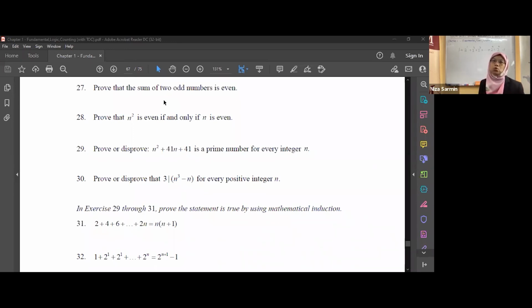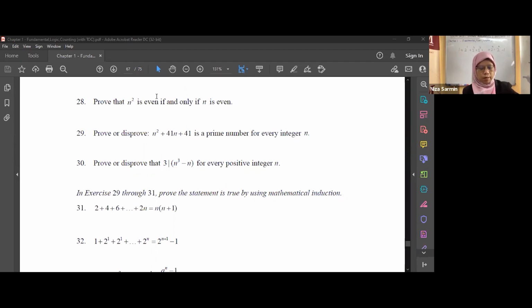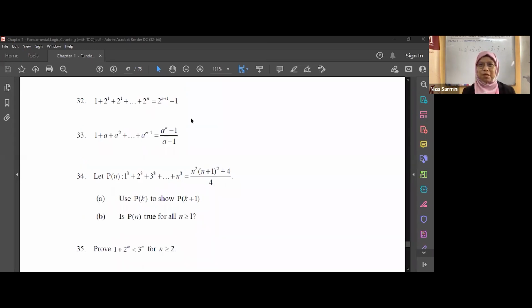And then you get 2 to the k plus 1 minus 1. I think it's straightforward for this. Okay, for next, I have 1 more minute. Okay, next question. Number 32. It's very similar.